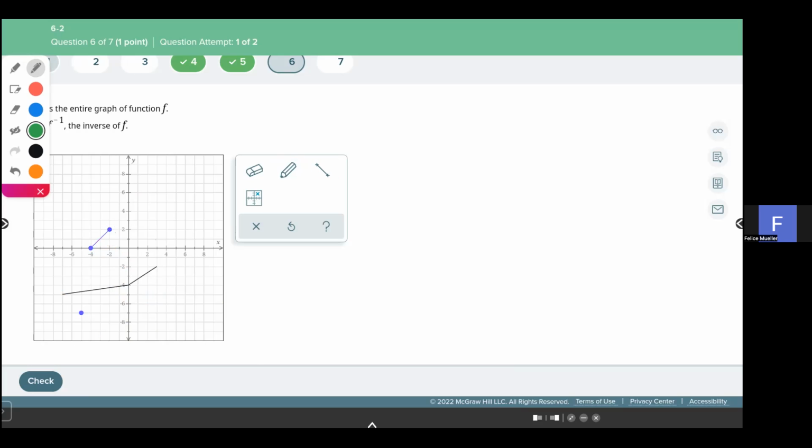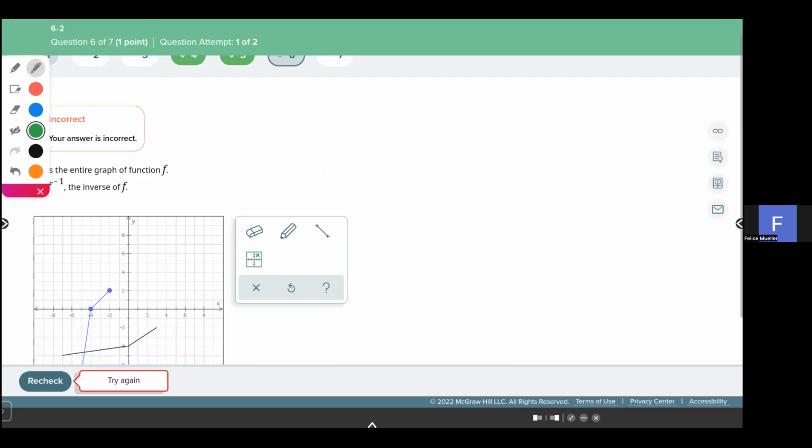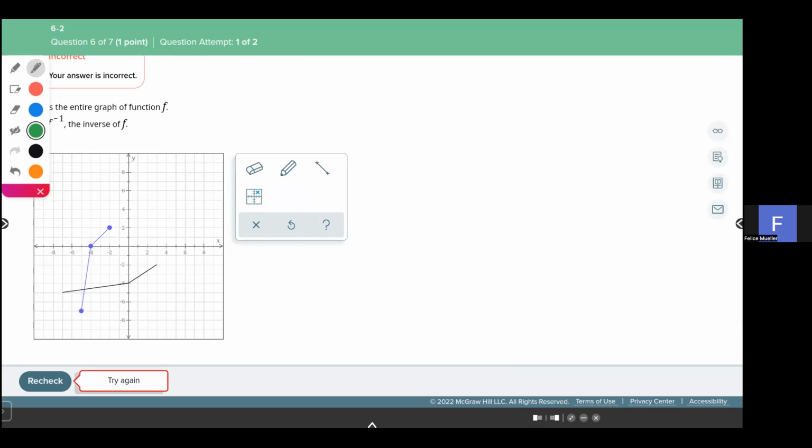And I'm going to draw another one. And then I'm going to hit check. So I am going to make sure I -7, 1, 2, 3, 4, 5.